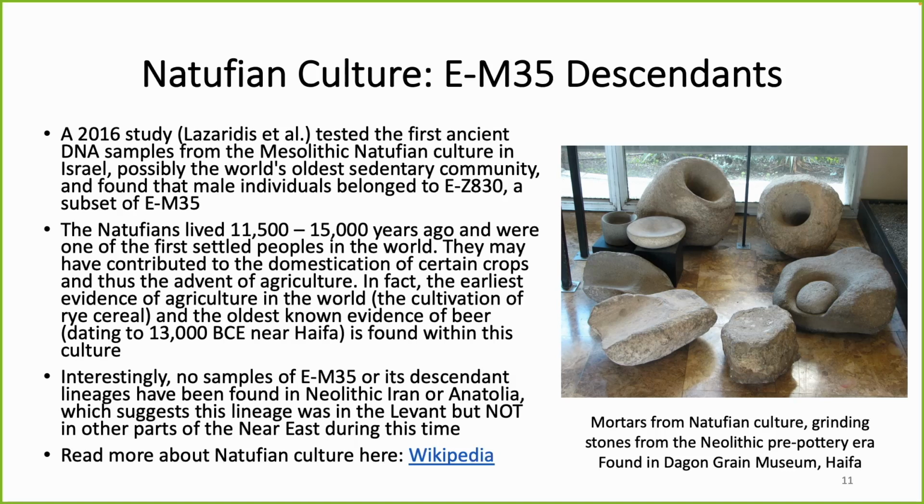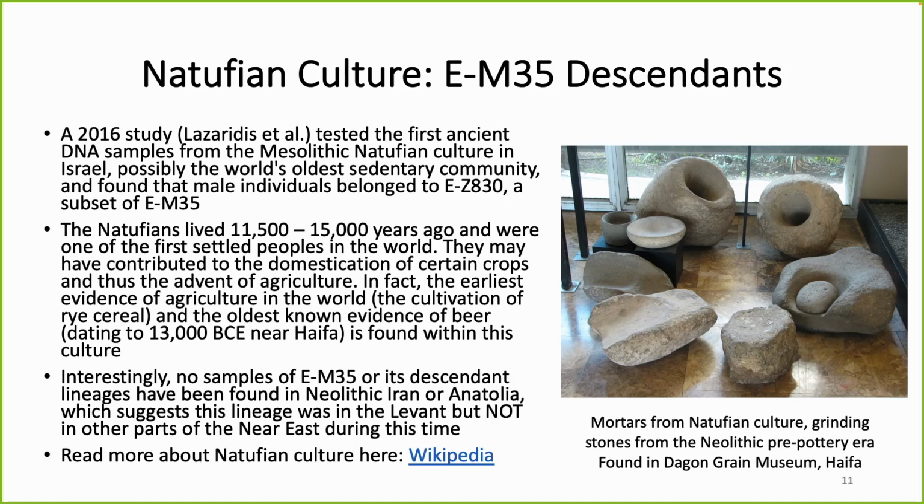The other interesting thing I want to highlight, and I've done a lot of research into other Y-DNA lines, is that EM35 and all of those descendants have been found in Israel going back 10 to 15,000 years ago, but they have not been found in other areas where there is a lot of ancient DNA, such as Anatolia, near the Caucasus, or in Iran.